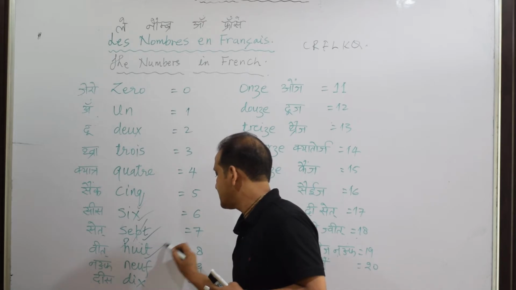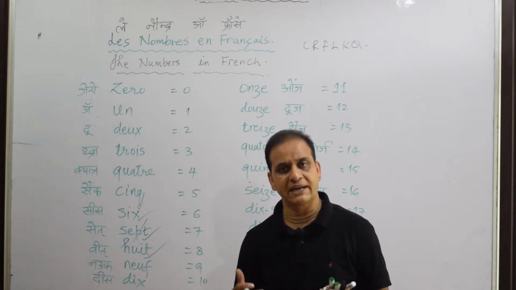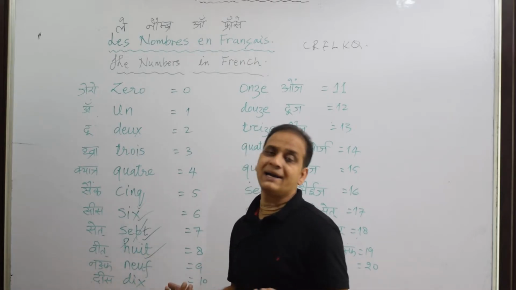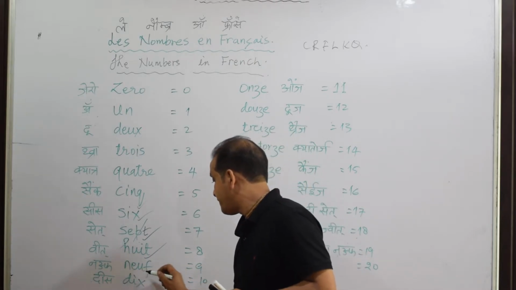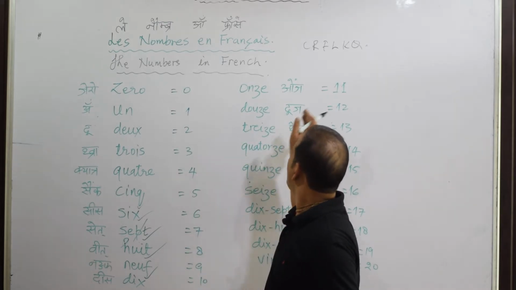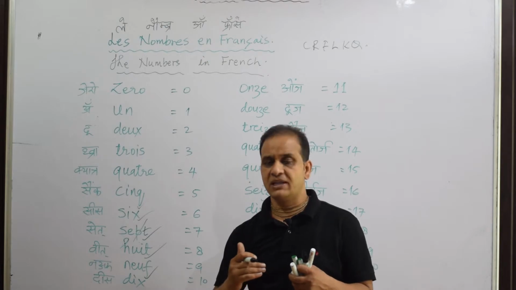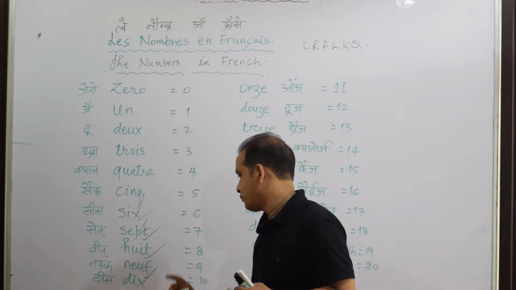And here this T, the last consonant, should also be mute but it is not, it is 'wheat'. Why? Exception. 'Nuff', so this F is one of those exceptions which I told you remain and are not silent, so F will be pronounced.